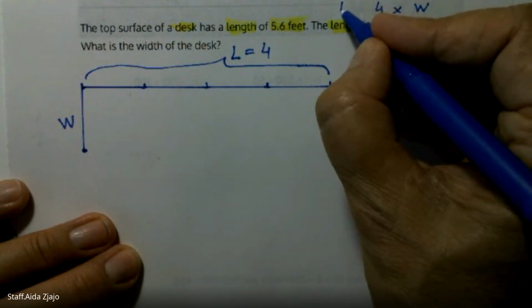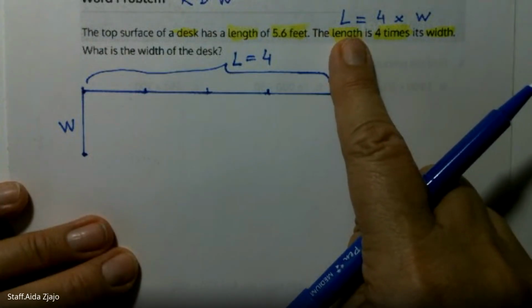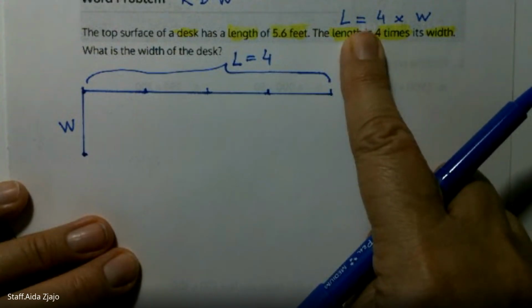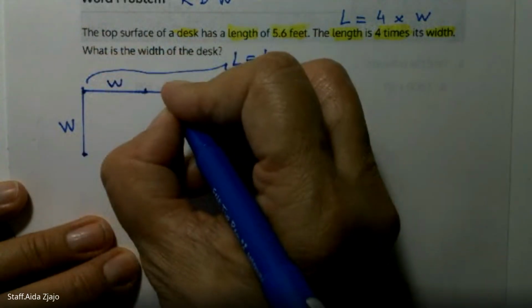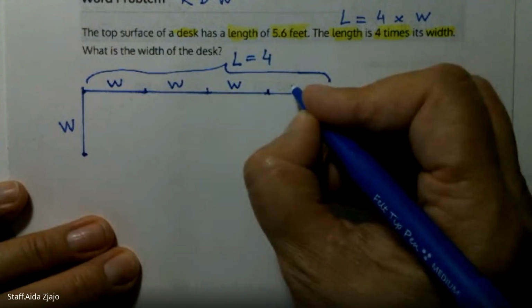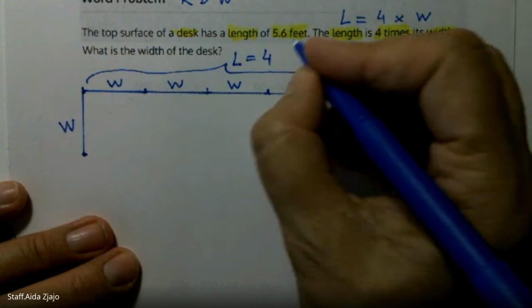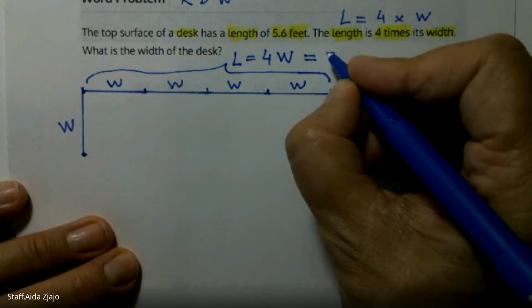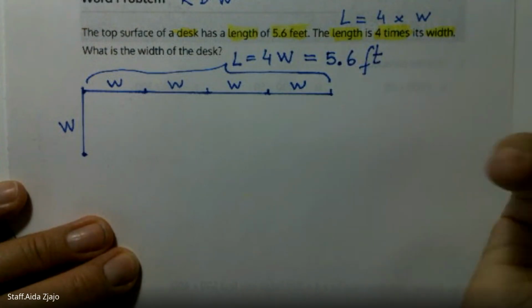So the length equals, you can see from the language, you can use this equation: length is the same as 4 widths. So width, width, width, and width. So that is 4 widths, which is also 5 and 6 tenths feet.